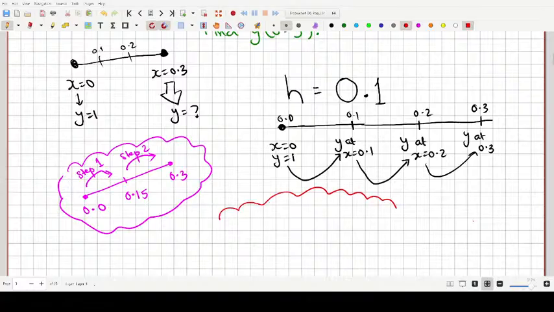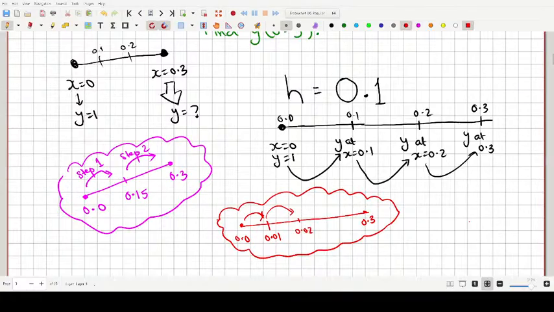You can even reach from 0.0 to 0.3 in 30 steps of 0.01, all the way, and the last step would go to 0.3 from 0.29. So there will be 30 steps here. That is also fine. For every numerical solution, there is some error. We will not get the exact solution; it is always an approximate solution. So, based on how much error you can tolerate, we choose the value of h.